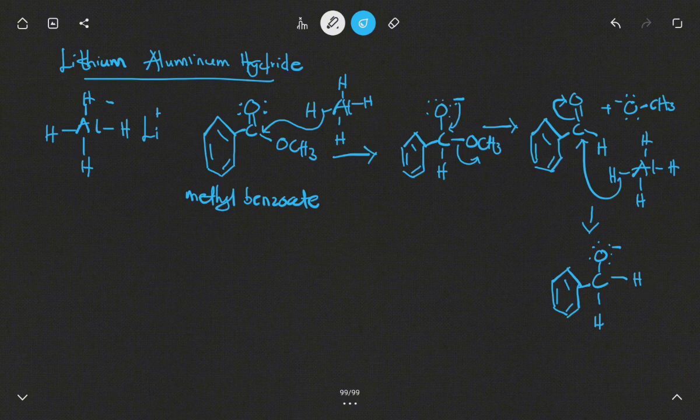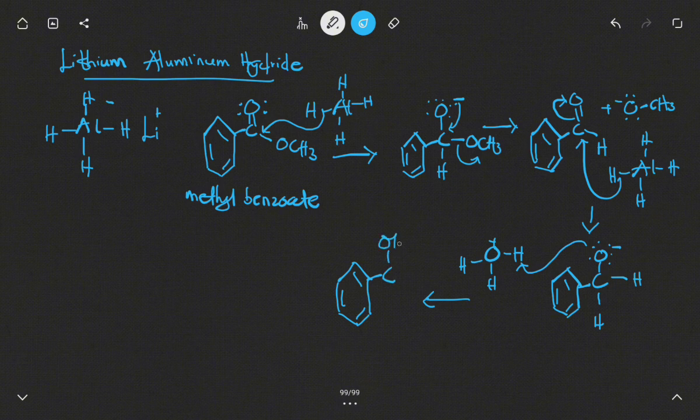Now this is the time that the acid comes in. So this time we have the acid H3O plus, the oxygen is going to pick a hydrogen or a proton, and this is going to result in the formation of the alcohol, where we have carbon.